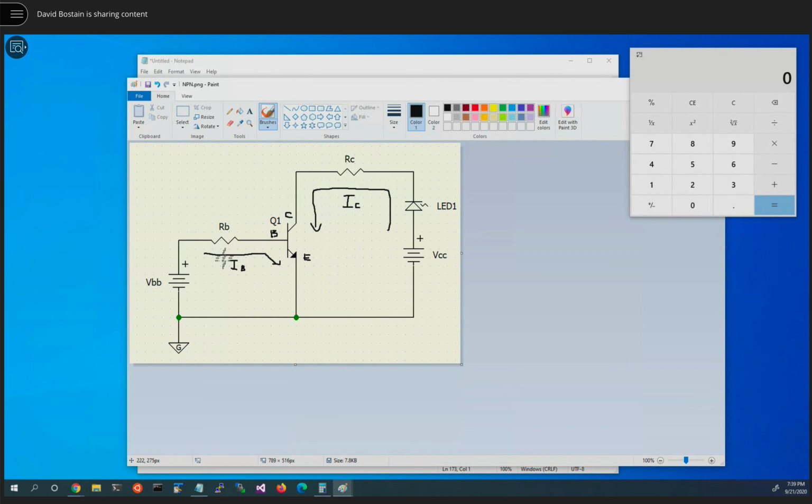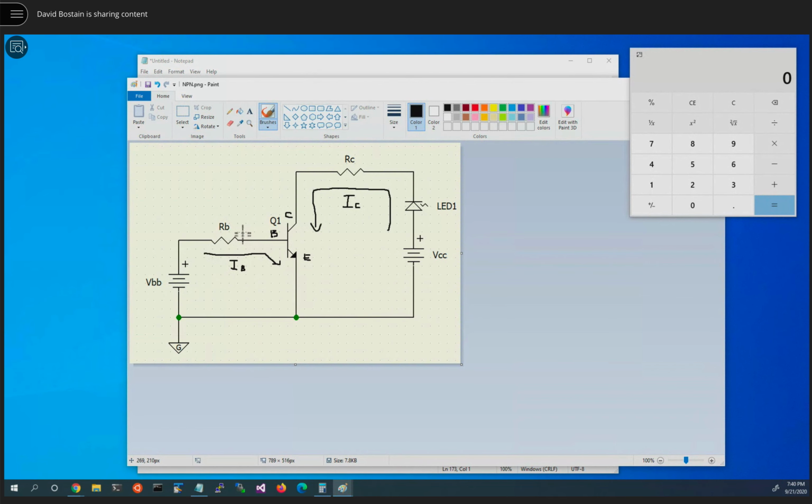Important fact: in order for this to operate like a switch, this battery has to be either 0 or less than 0.7 volts, because 0.7 volts is what's required across VBE. It's a diode, right? If it's turned on, it allows current to flow. So as long as this battery is less than 0.7 volts, this transistor will be turned off. If, however, it's higher than 0.7 volts, and there's something that can drop voltage, then it turns on.